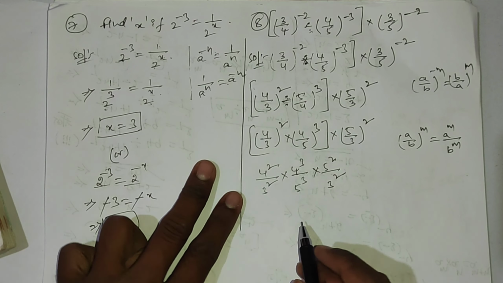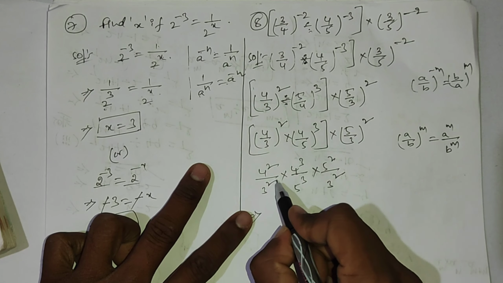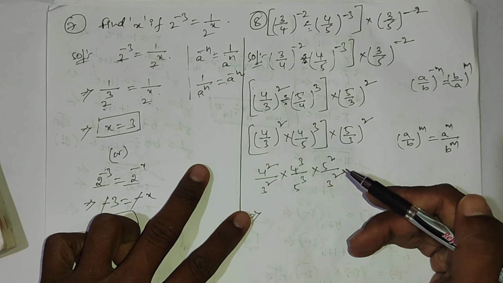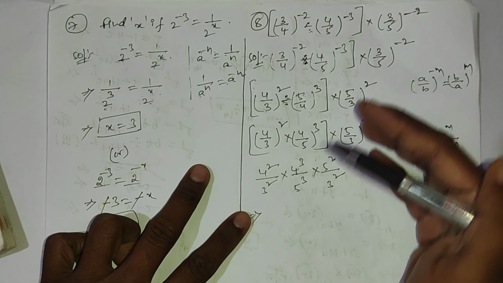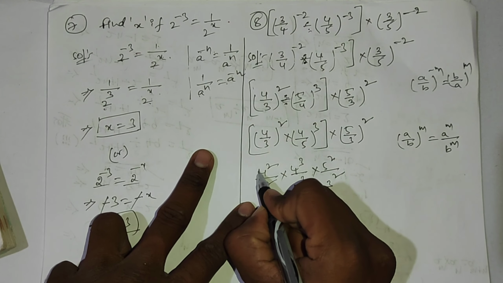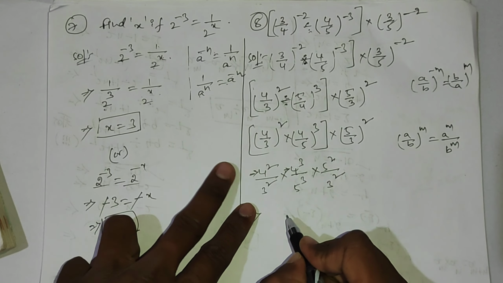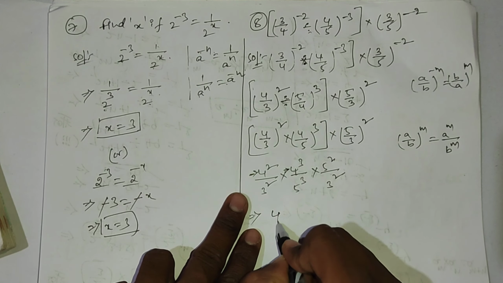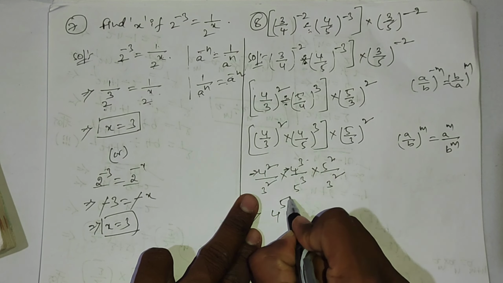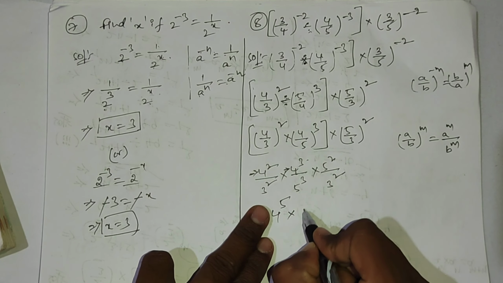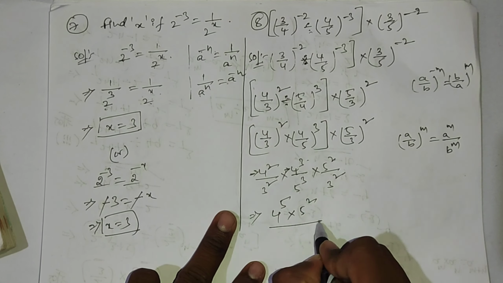Clear? Now if you observe here, we can convert all terms to the numerator, or else we can do it like this also. The formula a^m into a^n is equal to a^(m+n). So 4^(2+3) into 5^2 by these two.